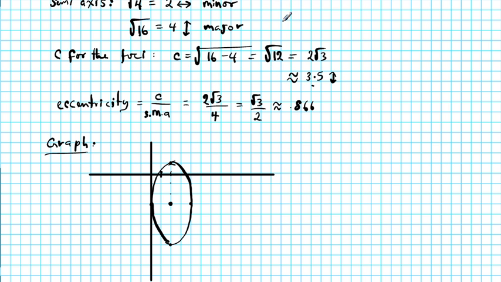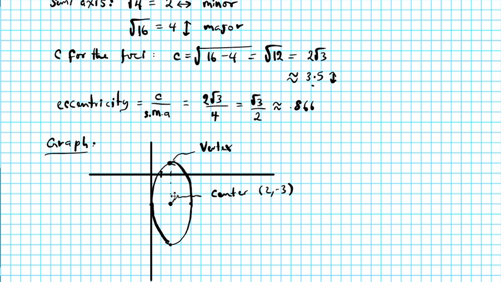Now let's go ahead and label it. This right here is a vertex. To make my life easier, let me label what the center is. The center is 2, -3.